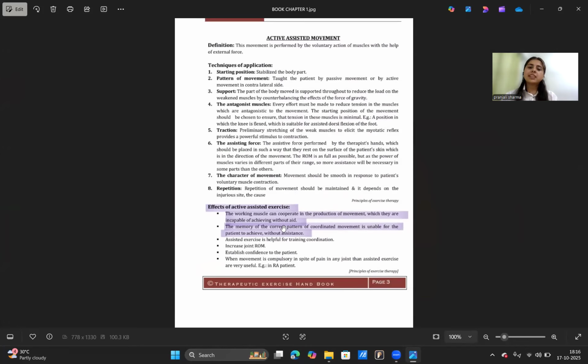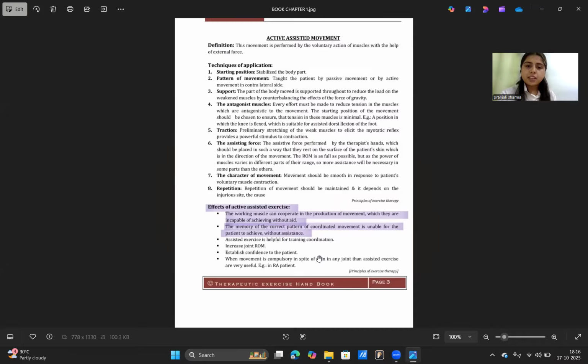The working muscle can cooperate in the production of movement, which it is incapable of achieving without aid. The memory of the correct pattern of coordinated movement is something the patient is unable to achieve without assistance. So these lines say how active assisted movement is helpful for training coordination and how it increases joint range of motion.